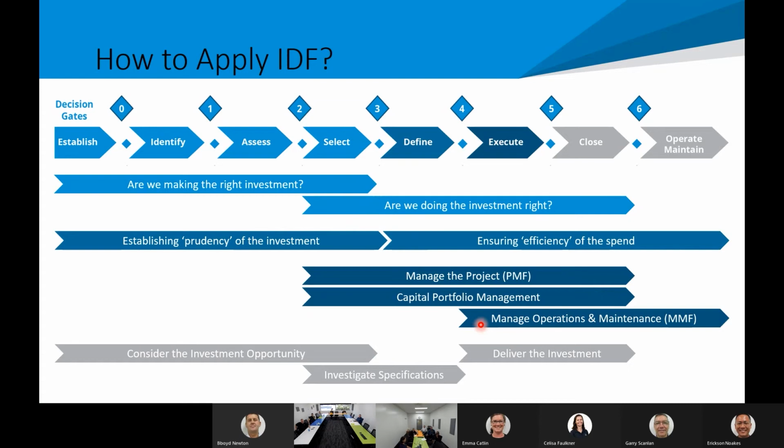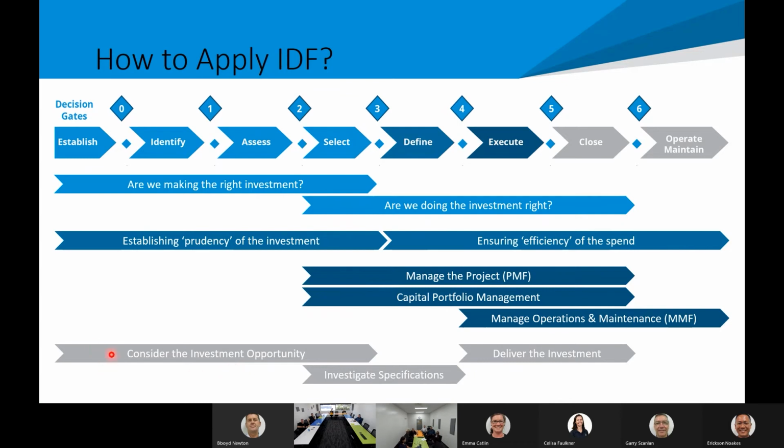And then we have manage our operations and maintenance. So all these investments, particularly in the capital space, we've then got to operate and maintain them. So we have a maintenance management framework which we're establishing of how we actually do that, and that really starts from the execute phase. As we're building these things, we're working out how we're going to bring them online and what maintenance activities we have to do. And certainly right down the bottom is the technical component.